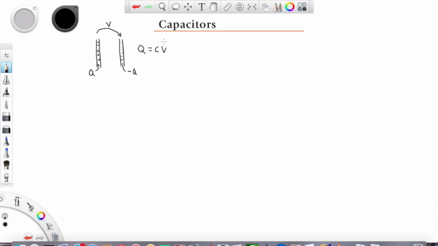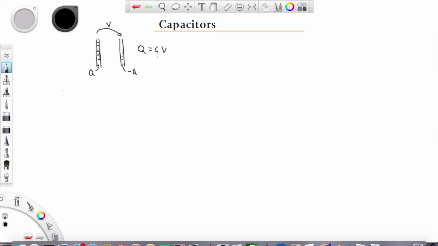This equation tells us that if we want to store some amount of charge, but we want to keep the voltage at practical levels, the bigger the capacitance, the more charge we can store. So the capacitance is, in fact, the capacity of the capacitor to store charge.